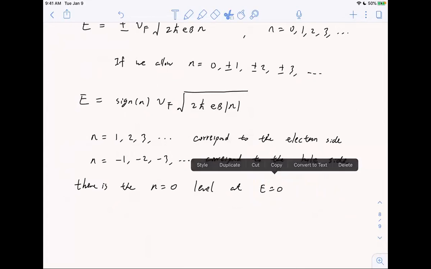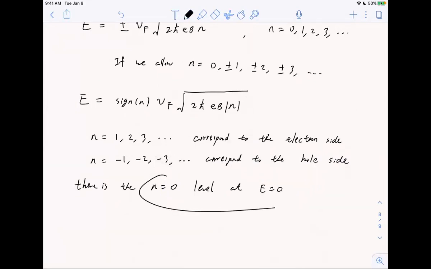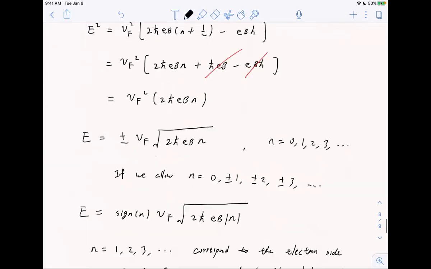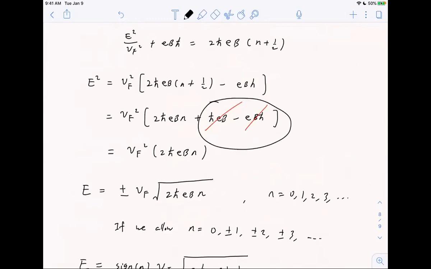So this one, you cannot say it is on the electron side entirely. You cannot say it is on the hole side entirely. It's in the middle, at the Dirac point. Okay. You have this because you have a cancellation here. You know that this one comes from this 1/2, right? You have a 1/2, like a ground state level.